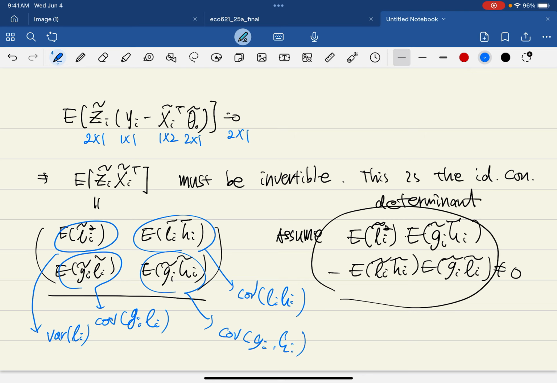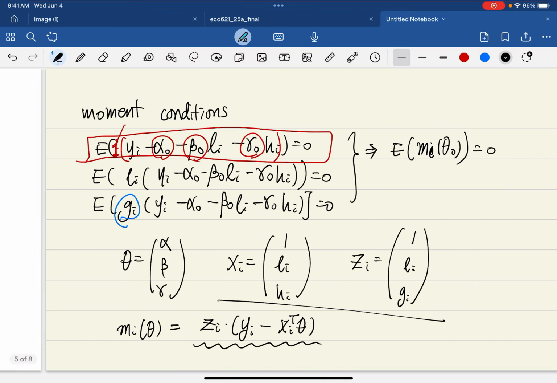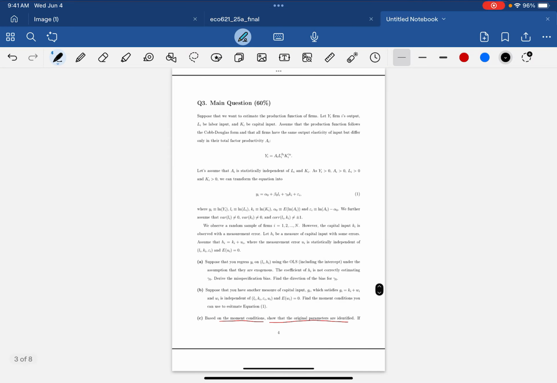Okay, so we are not doing something very strange. All of these have natural interpretations. And also we did this in homework 1. What you did in homework 1 is basically this idea. Okay, so this is a solution to the identification part C.